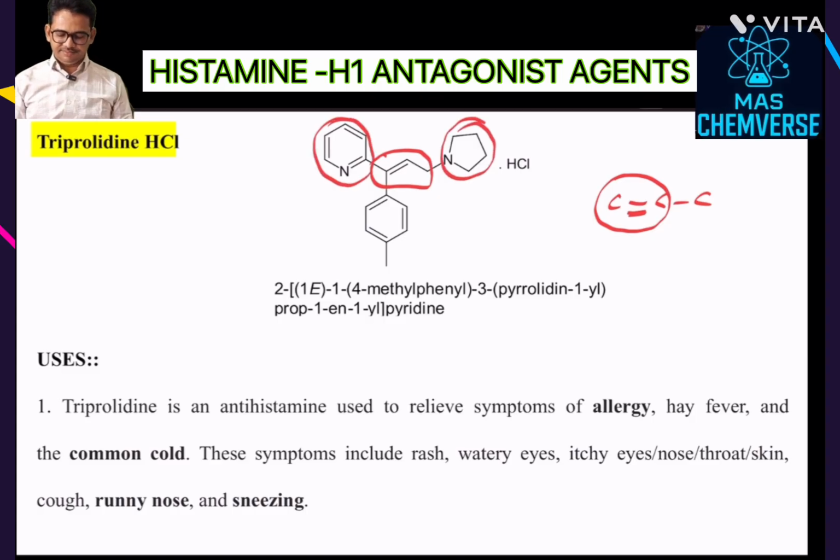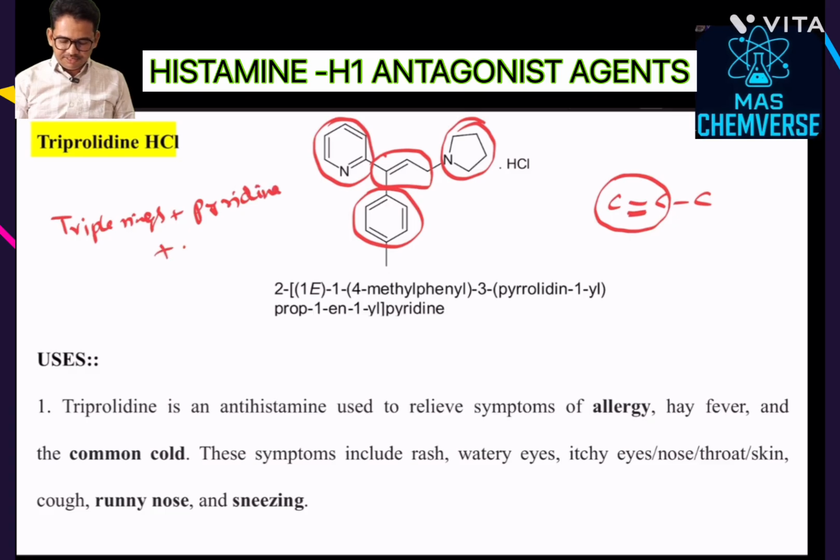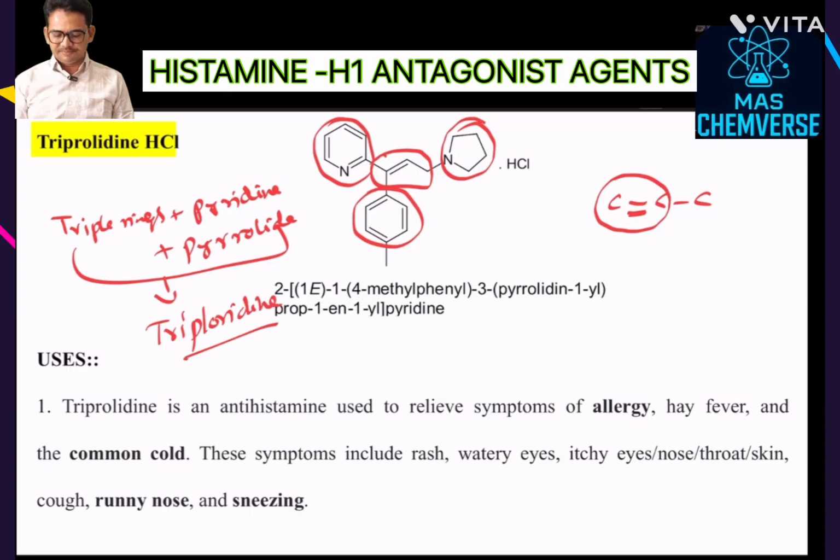Triprolidine means it will have the pyridine and as well as the pyrrolidine, and it is having 3 rings. See, 3 rings means triple rings. Remember that. Plus pyridine plus pyrrolidine. All together what is it called? Triprolidine.